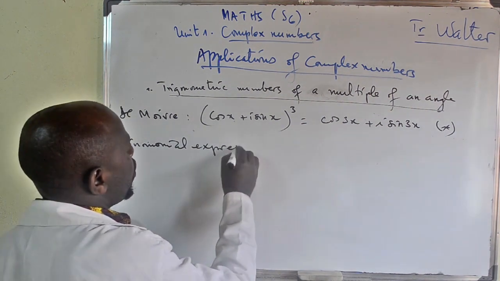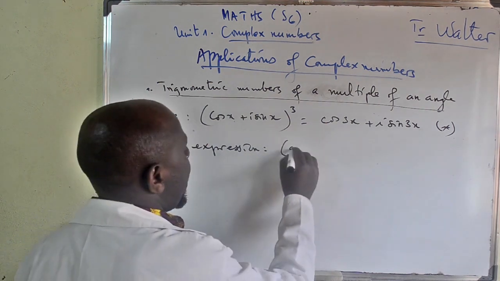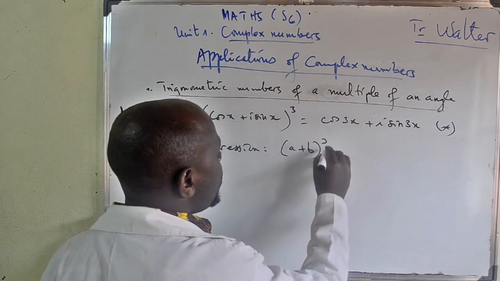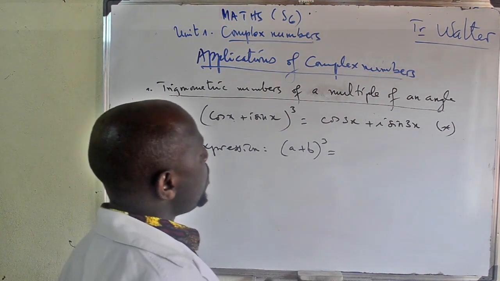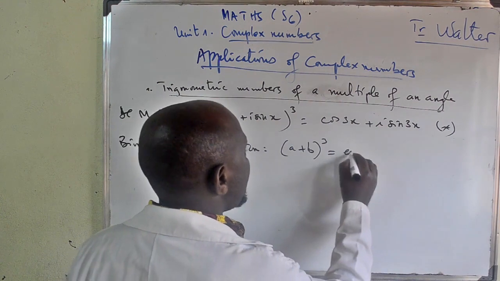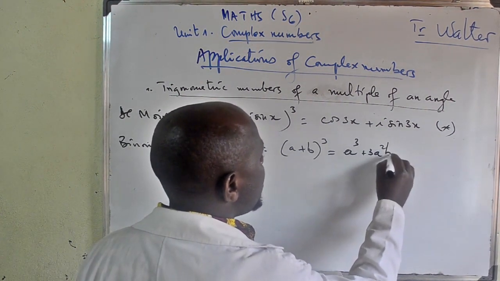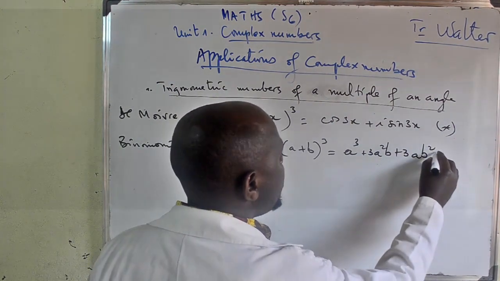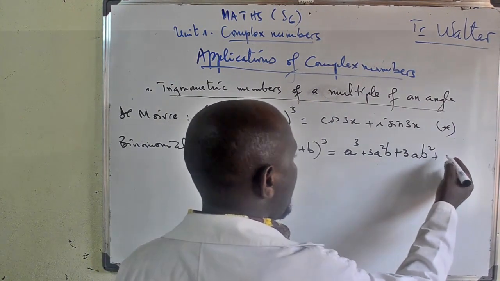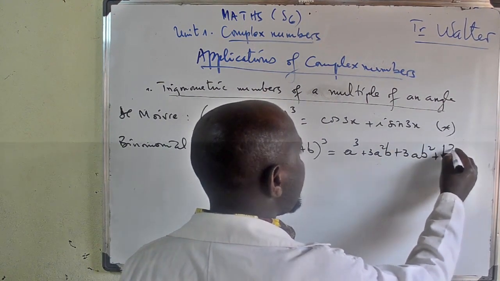expression, please follow me here, ladies and gentlemen. You remember one thing: a plus b cubed, this equals what? If you remember very well, a plus b cubed is a cubed plus 3a squared b plus 3a b squared plus b power 3.